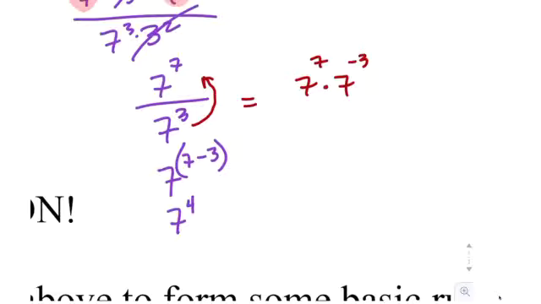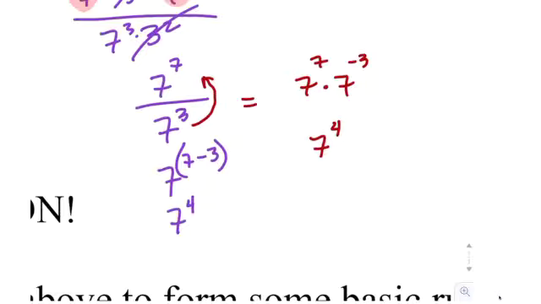It doesn't really matter as long as you change the sign of the exponent. If it's positive, now it's negative. If it's negative, now it's positive. And now, because I'm multiplying, what do I do with the exponents? I don't subtract them, I add them. So what is 7 plus negative 3? It's still 4. But now we didn't subtract. We added the opposite. We get the same answer.